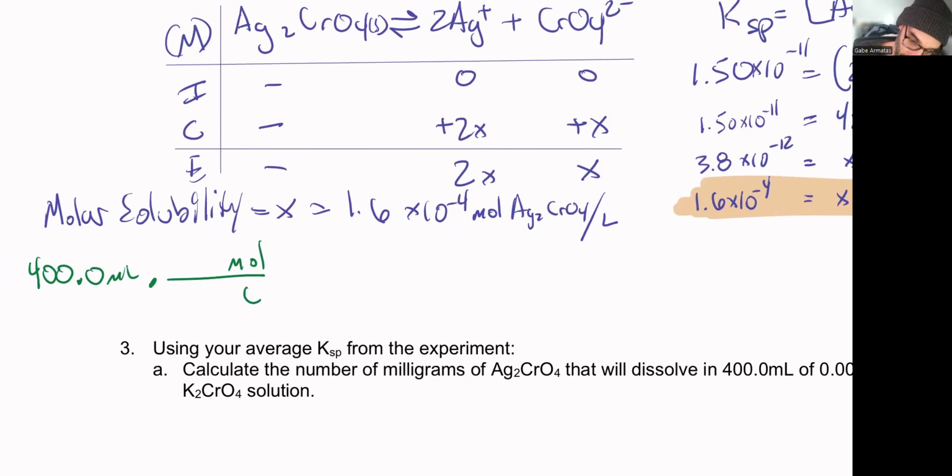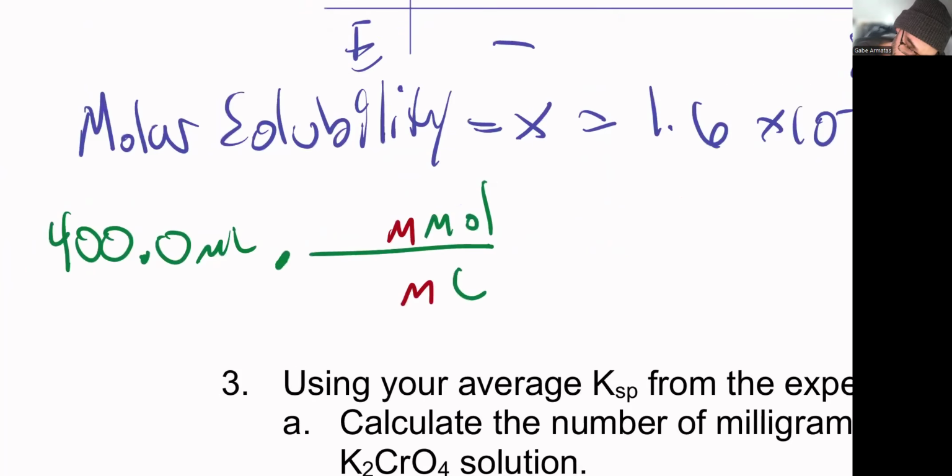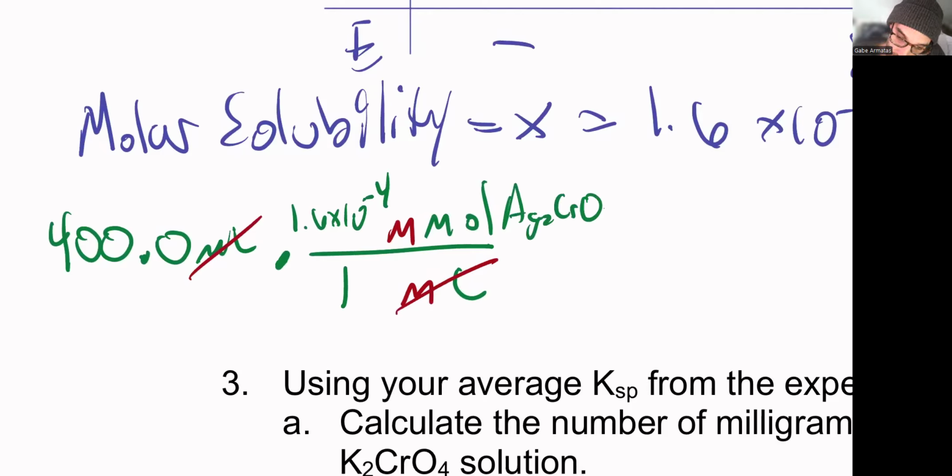If I plug in the same prefix for both, it's going to have the same ratio: 1.6 times 10 to the negative 4 moles per 1 liter, or 1.6 times 10 to the negative 4 millimoles per milliliter. It's an easy way of dealing with milliliters. Milliliters cancel, and at this point, I would have millimoles of Ag2CrO4.